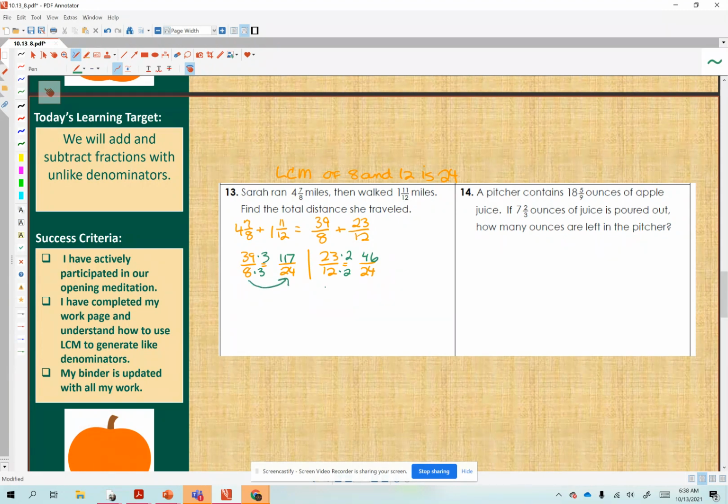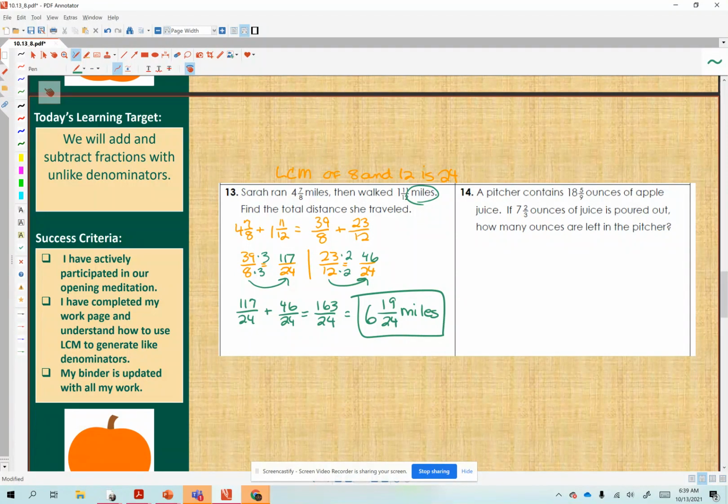So these are our new equivalent fractions. And we'll simply add 117 over 24 to 46 over 24 to get 163 over 24. And when we divide 163 by 24, we have 6 and 19 24ths. And the question is the total distance in miles. So 6 and 19 24ths miles.